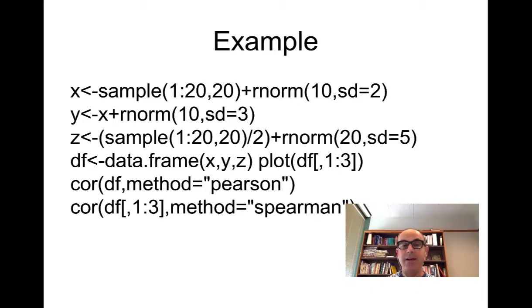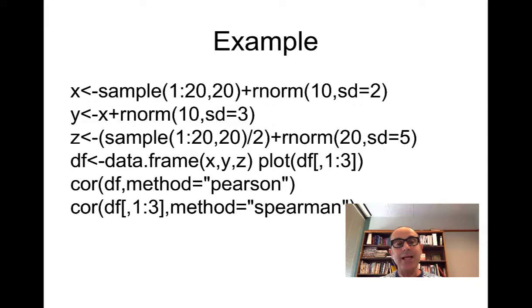And I'm taking another one, z, which is the sample of 1 to 20 divided by 2, plus random numbers, 20, with a standard deviation of 5. Now a new term I'm using in this case is the data frame. A data frame holds all the data in one container, so I can observe the x, the y, and the z in one container.